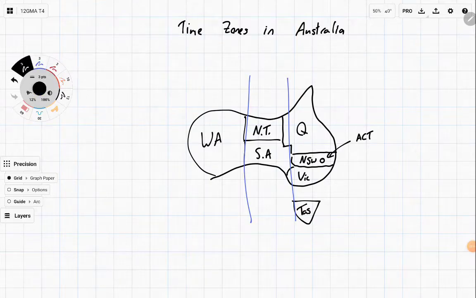Now in Western Australia, we use UTC plus 8. For Northern Territory and South Australia, we use UTC plus 9.5. So you'll see this a few different ways. It's 9.5 or 9:30, right? Either way, it's 9 hours and 30 minutes.